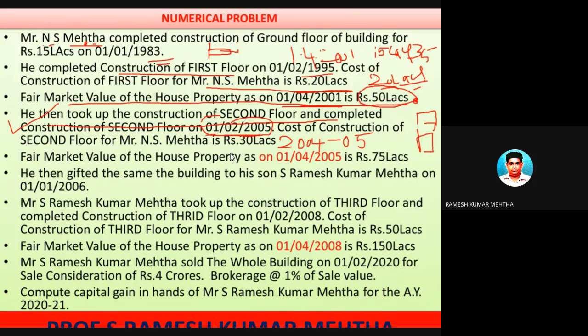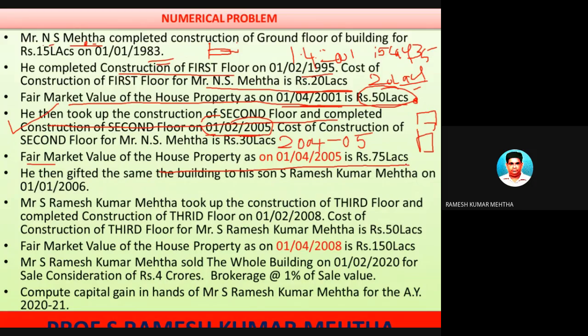So this is the fourth point. Now the fifth point: fair market value of the house property on 1/4/2005 is 75 lakhs. I am just giving you a thumb rule. The thumb rule is, if any fair market value of any date is given apart from 1/4/2001, any other fair market values of the house properties or assets should be ignored.